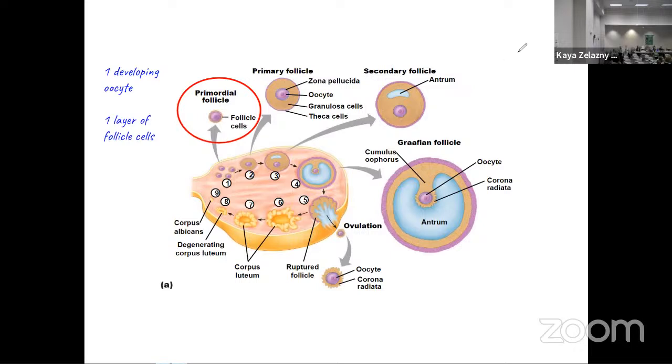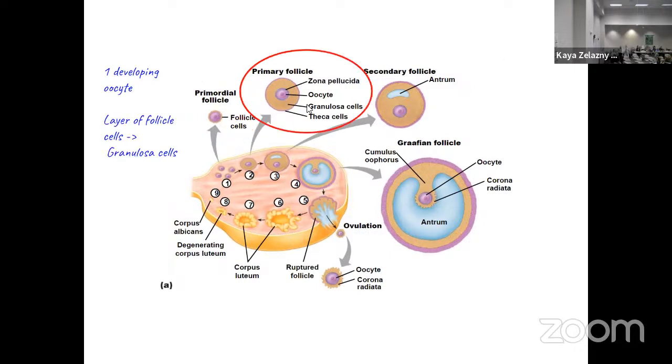So that's what's going on there. As it develops into a primary follicle, we start to have these things differentiate, so we'd see more terms. We still have that oocyte in the center, but those follicle cells have developed, and now we have a bunch of stuff around here. The first to appear are going to be the granulosa cells.